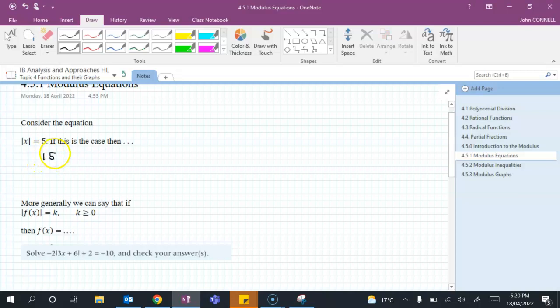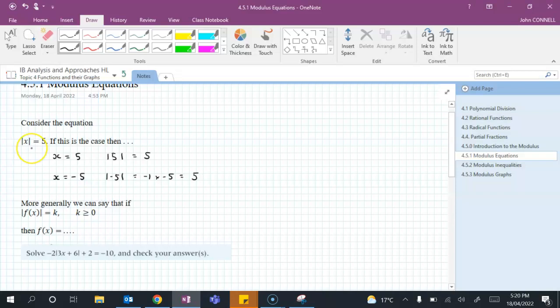Either we're doing the modulus of 5, and so x equals 5, and so then when we did the modulus of 5, the modulus told us to leave it alone because it's a positive number, and so we just got 5. Or x could have been negative 5, and so when we did the modulus of negative 5, the modulus told us to multiply it by minus 1, and so we just got 5.